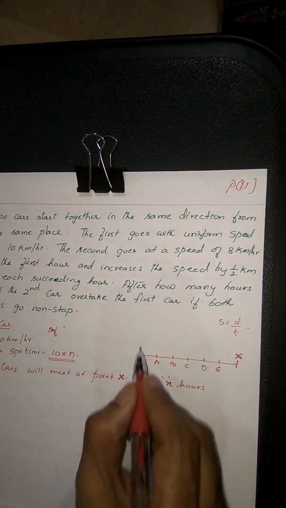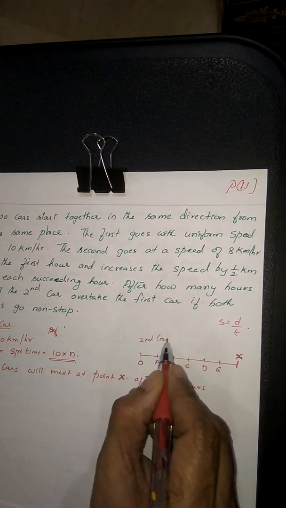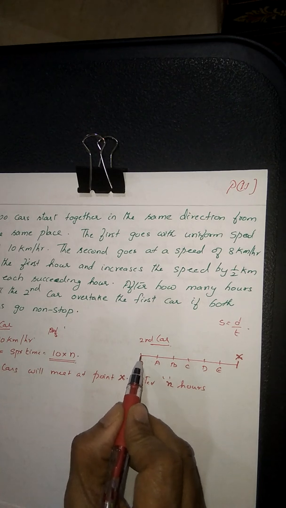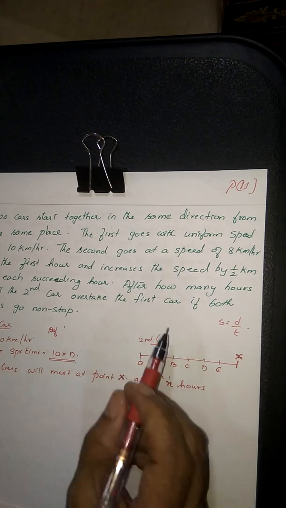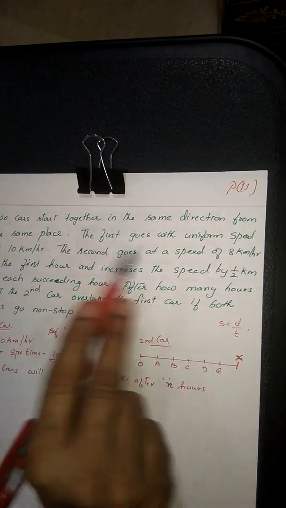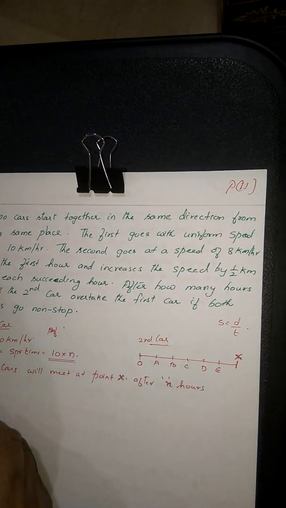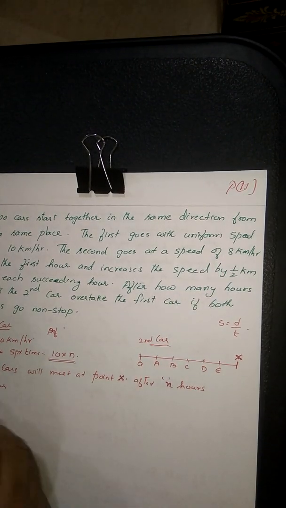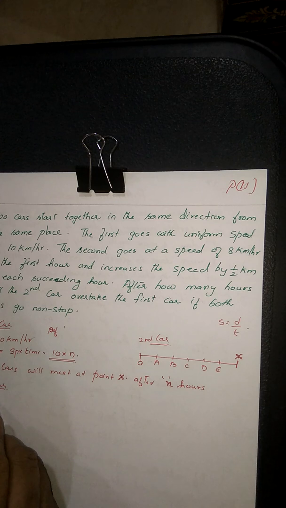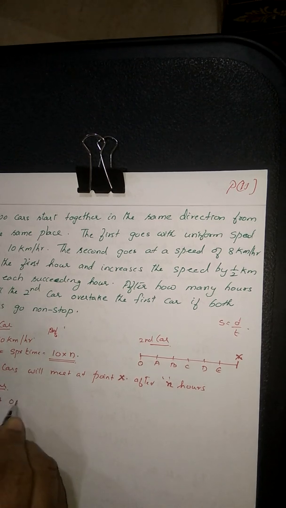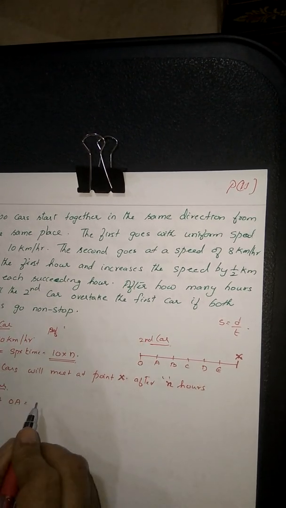Now the second car starts from here. It starts at 8 kilometers per hour. So for the second car, the distance O8 is equal to speed into time.